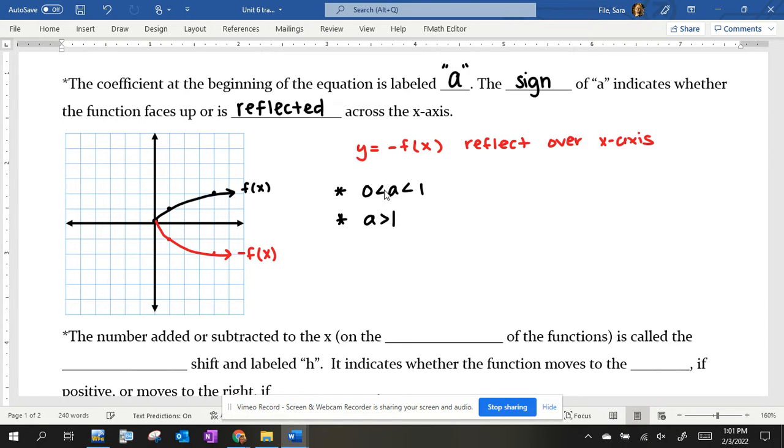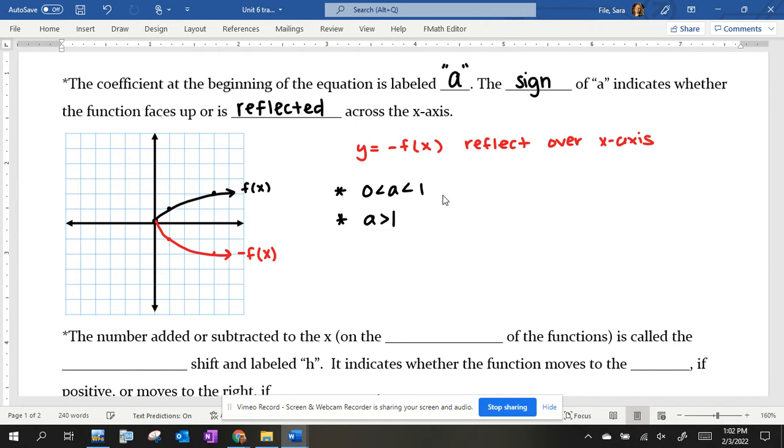So what happens is we said a is affecting the y value. That's why it reflected over the x, because the y values changed from positive to negative, right? So if I multiply my y values by a fraction, they're going to get smaller, right? So these values would get closer to the x-axis. They would compress down. Do y'all agree? Do y'all understand that?